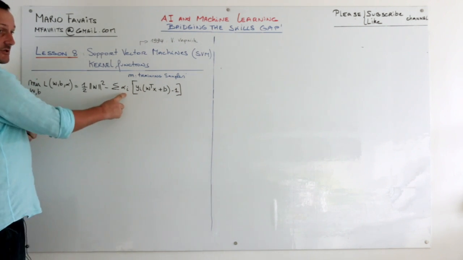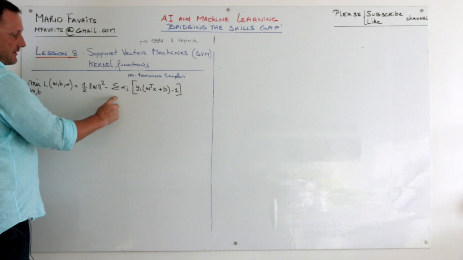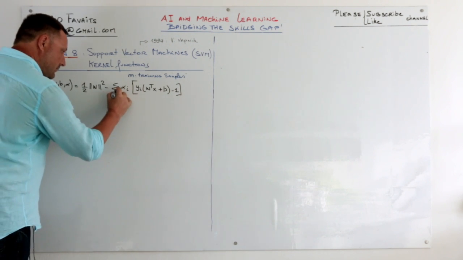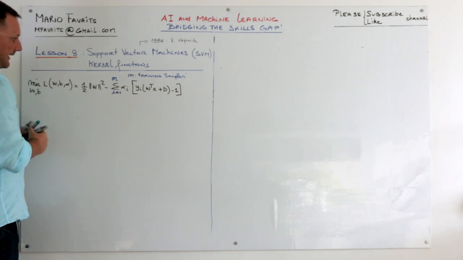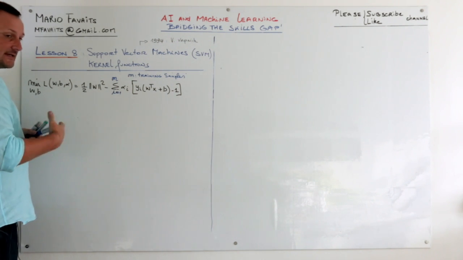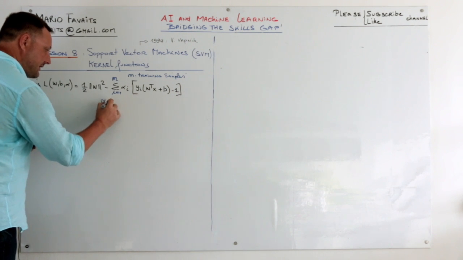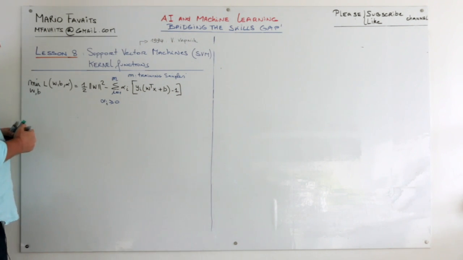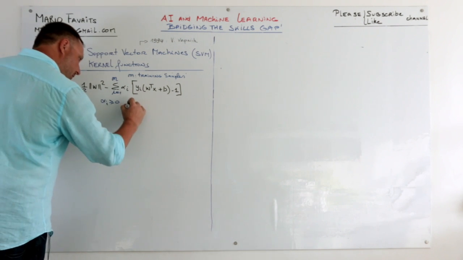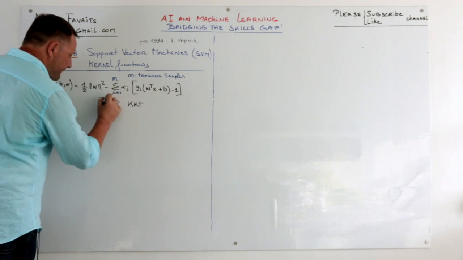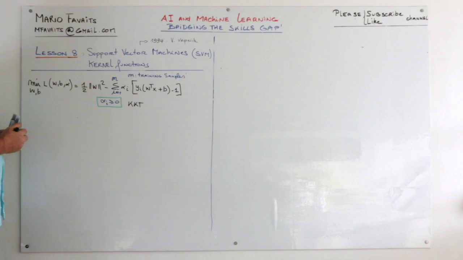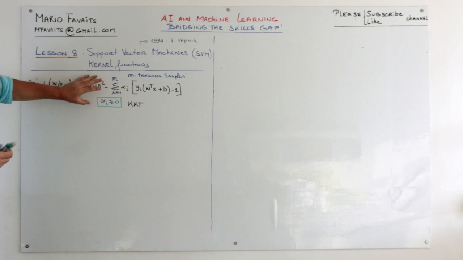These are your Lagrange coefficients, and there's many. There's a sum over i, so i goes from 1 to m. These are the training samples. Because we deal with a constraint that's an inequality, we have an extra condition, that alpha i's need to be positive. This is what we call a KKT condition, Karush-Kuhn-Tucker. I've not discussed Lagrange multipliers with inequality constraints in the calculus refresher, but this is how it works.